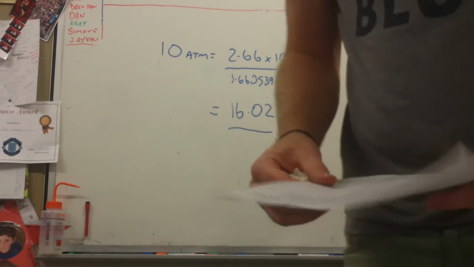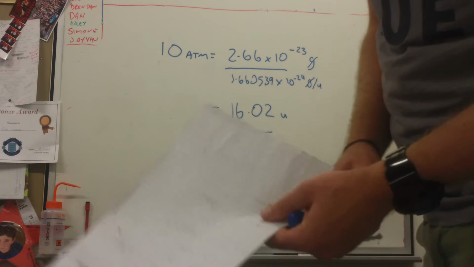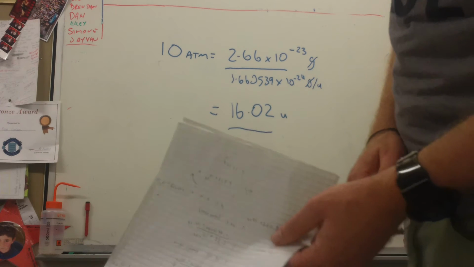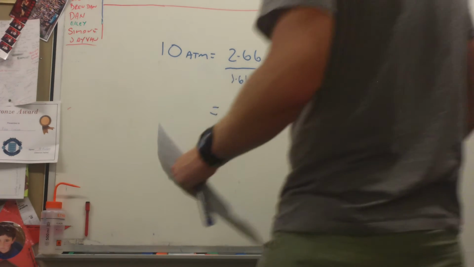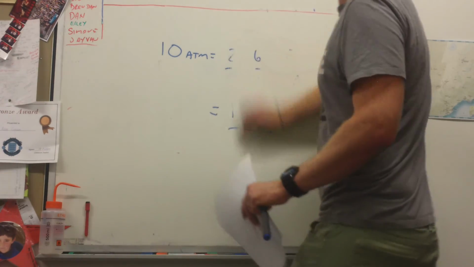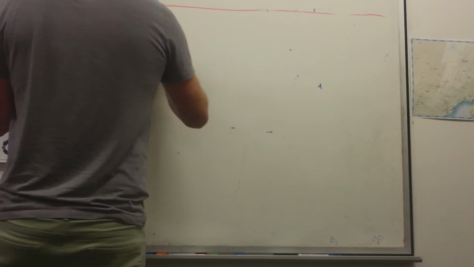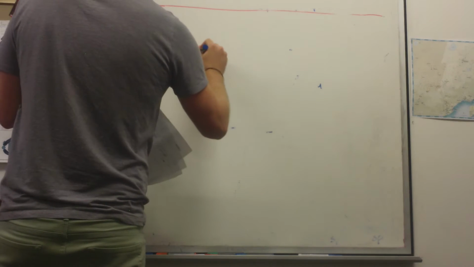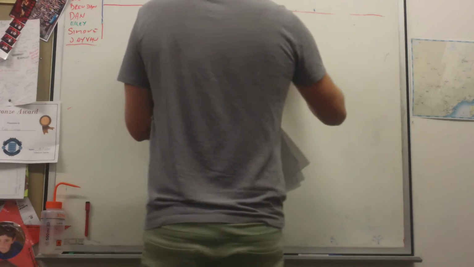So next I'll do 2.38. We're asked, what is the mass in grams of 6.022 by 10 to the 23 nitrogen atoms? So we have 6.022 by 10 to the 23, a very large number, very many nitrogen atoms.